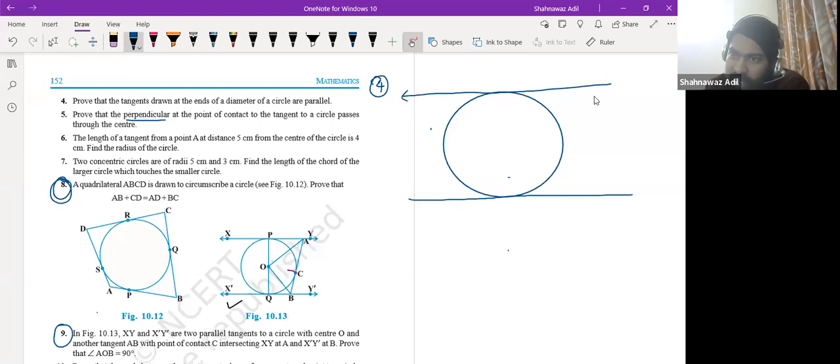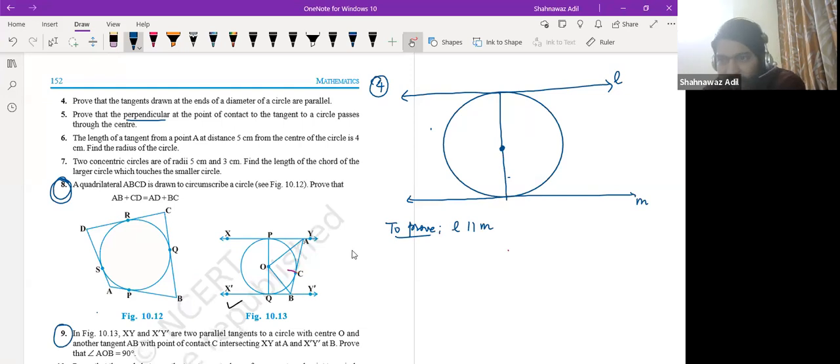Right, these two tangents, and they are at the ends of the diameter. Then we have to prove that this line L and this M, that L is parallel to M. This is what we have to prove.